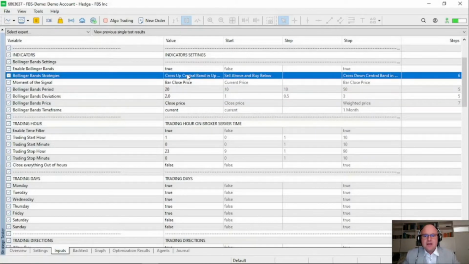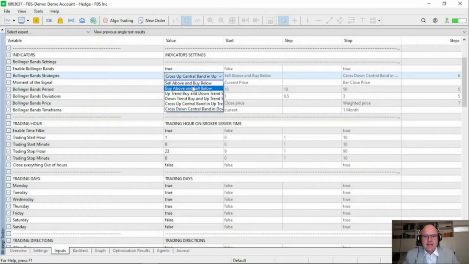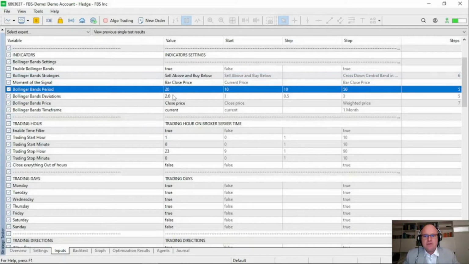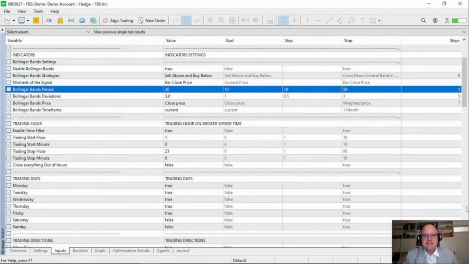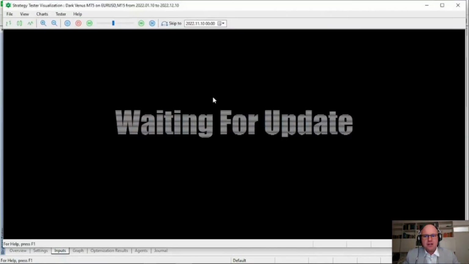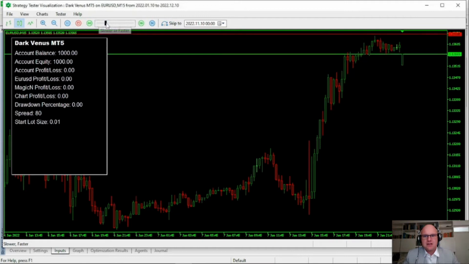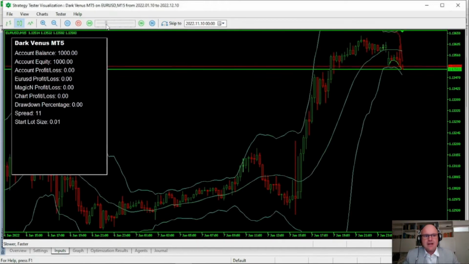The next thing that we are going to look at is how to adjust the Bollinger Band for the different types of strategy. Remember, the first 2 are reliant on the Bollinger Band's deviation, and the Bollinger Band period is used for the other 4 strategies. Now let's take an example again.